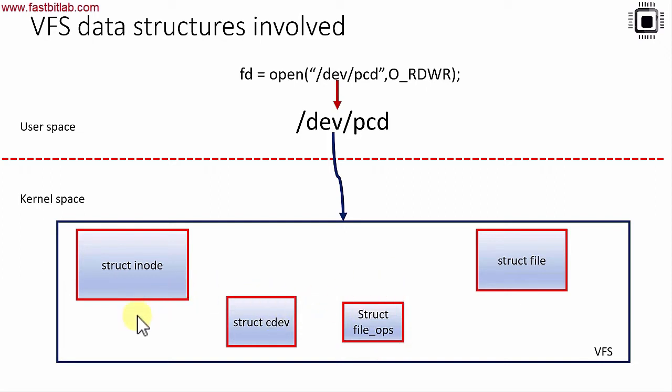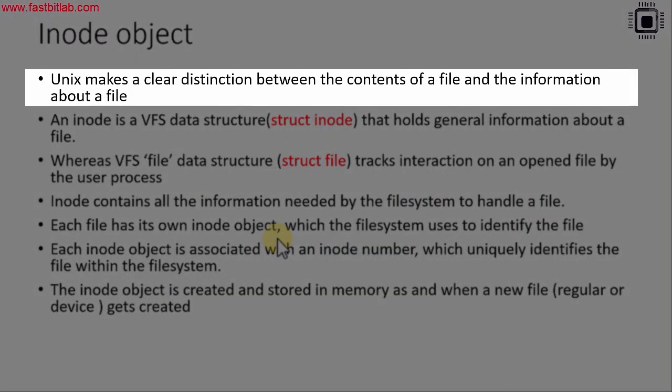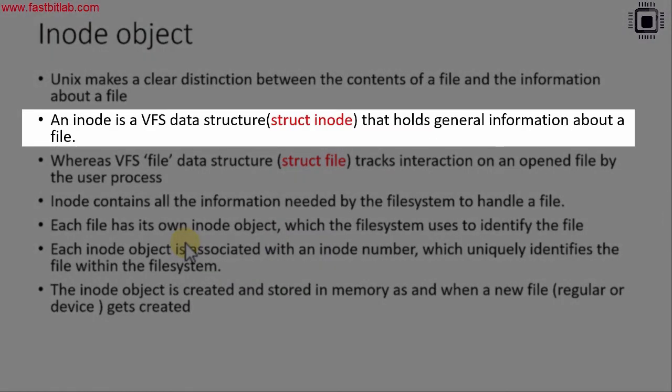Apart from these two, there are another two important data structures which are involved during file access, whether it is a normal file or a device file. Let's explore this inode object and this file object. Unix makes a clear distinction between the contents of a file and the information about a file. So an inode is a VFS data structure. The data structure is struct inode, which holds general information about a file.